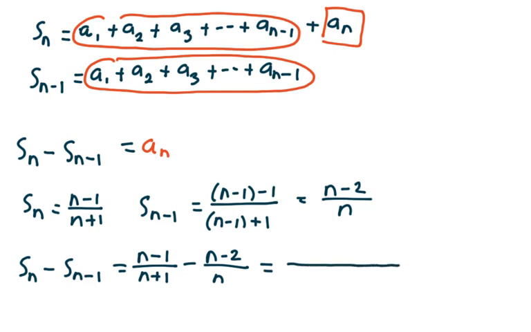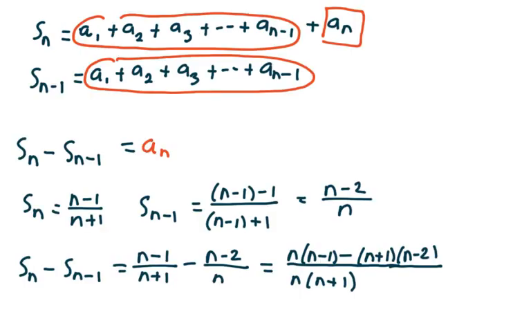Now, the common denominator here is n times n plus 1. The numerator is n times n minus 1 minus n plus 1 times n minus 2. Okay? Now, from here, I'm going to say S sub n minus S sub n minus 1.